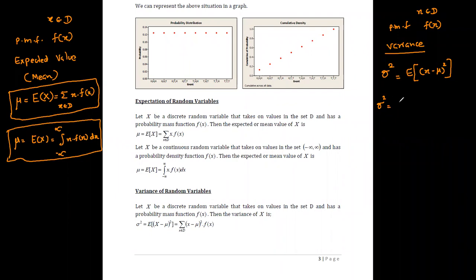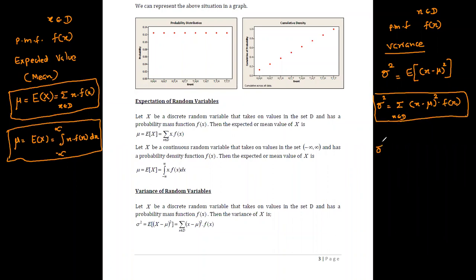Therefore, we take the summation over x belongs to D of (x minus mu) squared times f(x). This is for the discrete case to obtain the variance.